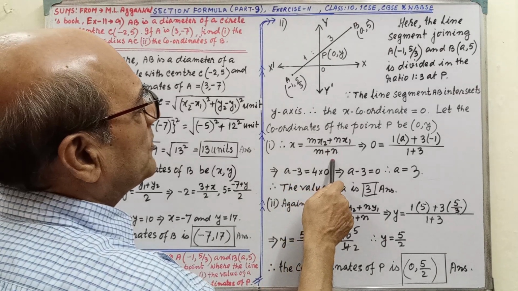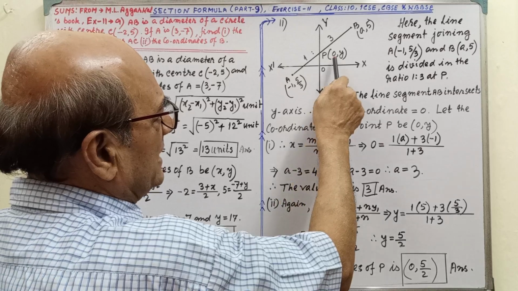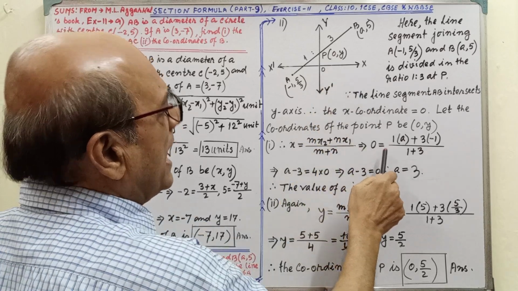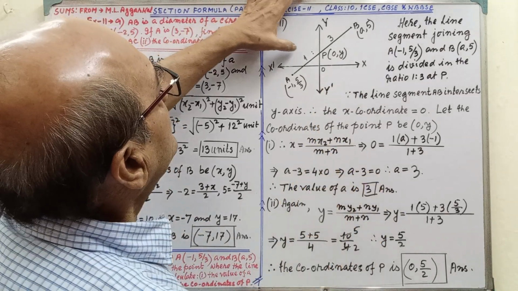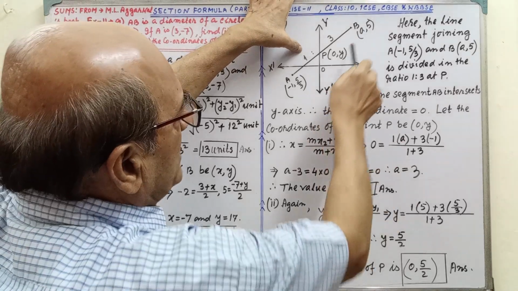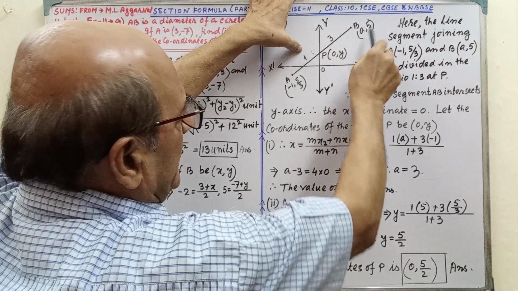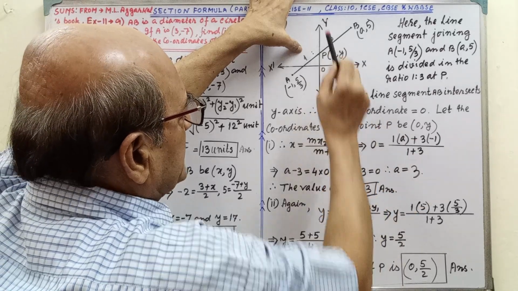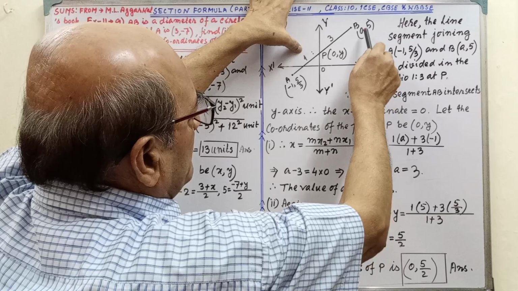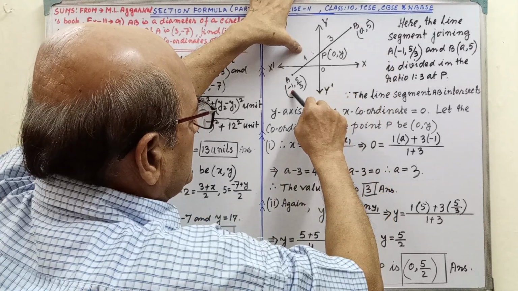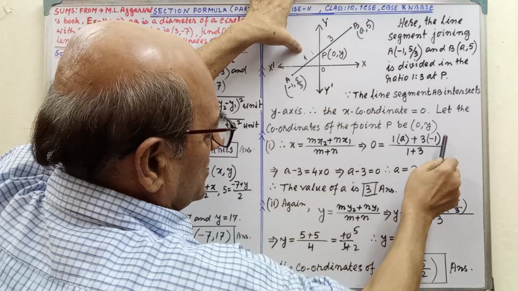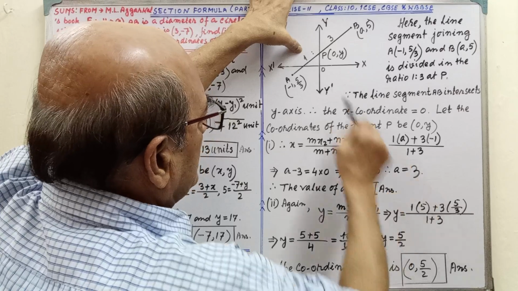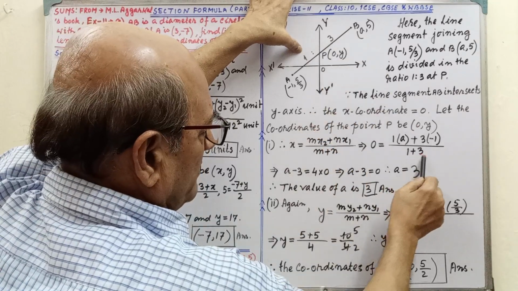By applying the formula, in place of x the value is given 0, in place of m that is 1, in place of x2 that is a, plus n, the value of n, that is 3, and in place of x1 that is minus 1, divided by m plus n, that is 1 plus 3.